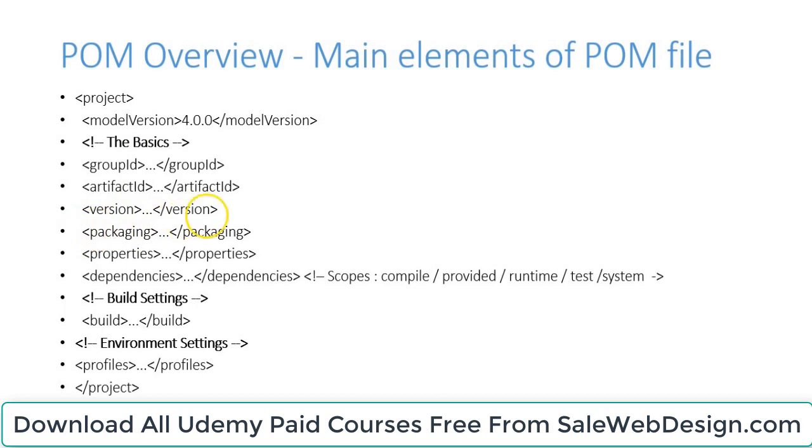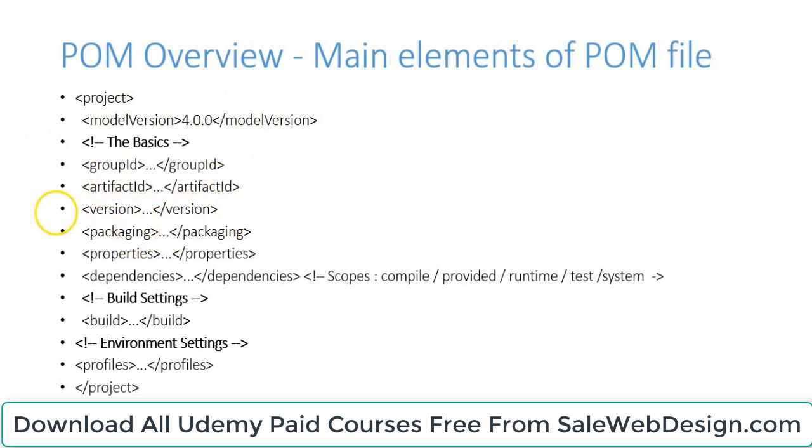A POM requires that its group ID, artifact ID, and version be configured. These three values form the project's fully qualified artifact name. A project's fully qualified name is in the form of group ID, artifact ID, version. Next, coming to the packaging element.